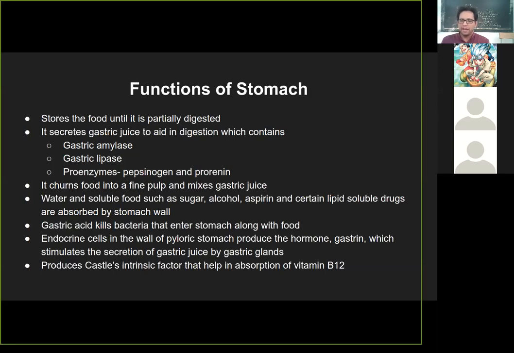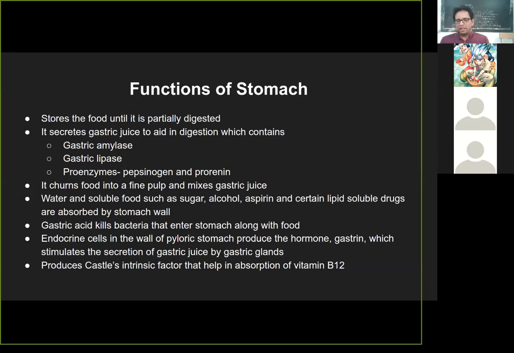Because this gastric acid is highly acidic, almost pH 1, it will kill these bacteria coming from outside. And that is how the stomach and every inside part has no pathogenic bacteria.